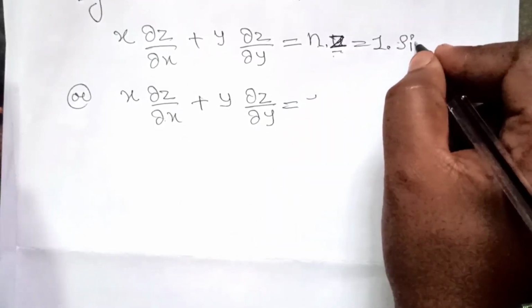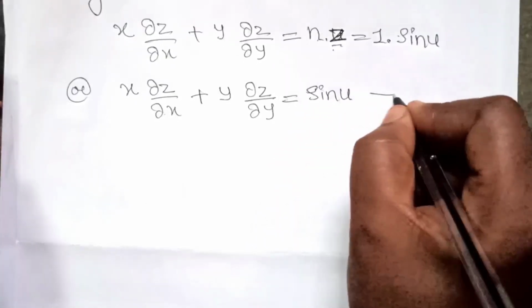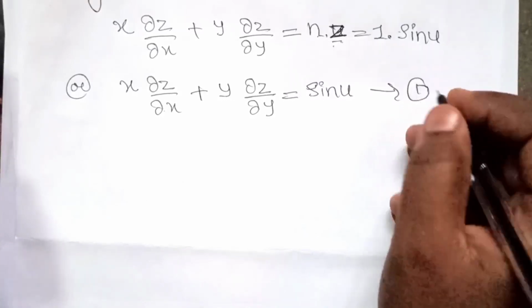Z value is equal to sine u, so simply we can write sine u. Consider this as equation 1.